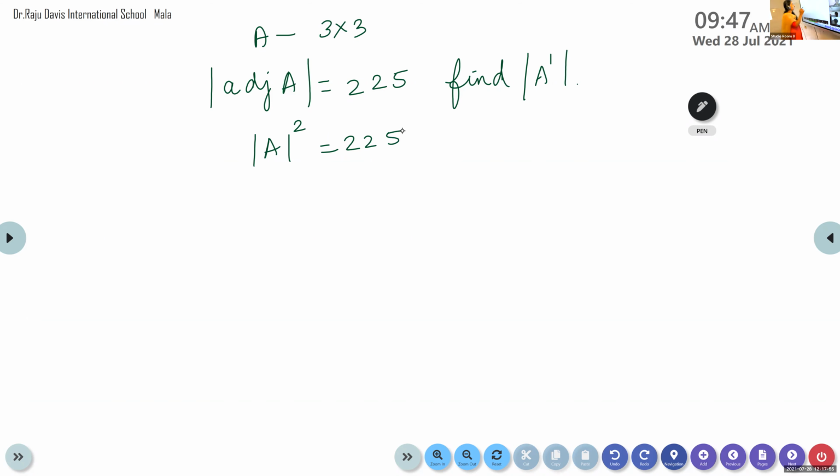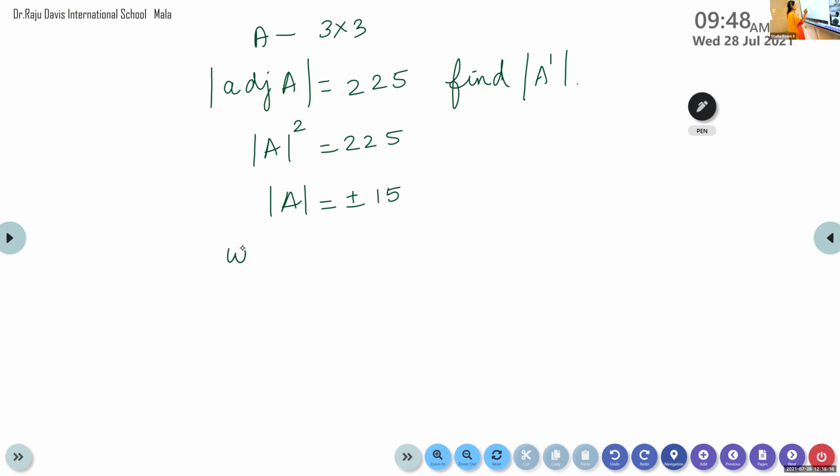So from here, can you find out what is determinant A? Determinant A square is 225. So for determinant A, you have to take the square root. When you take the square root, it will be plus or minus 15.